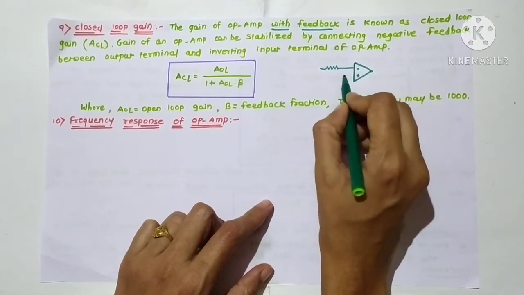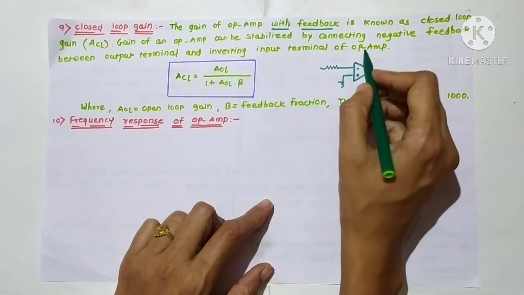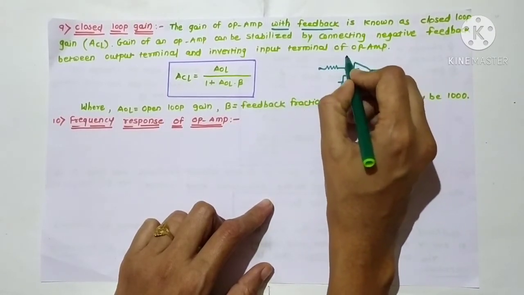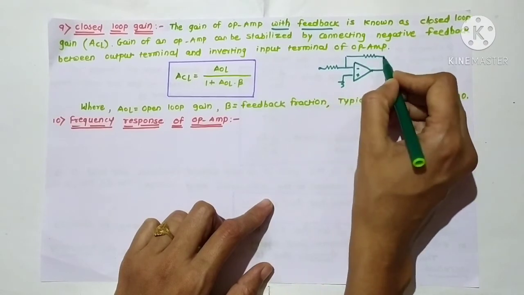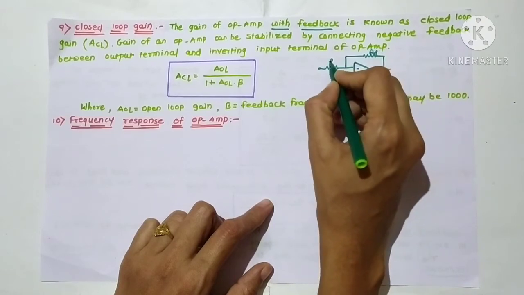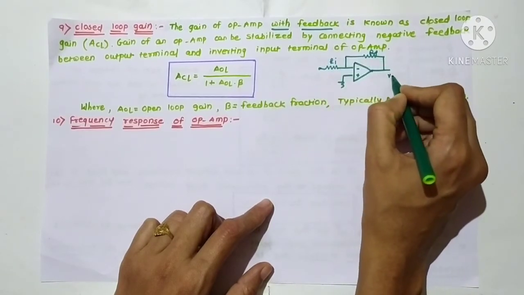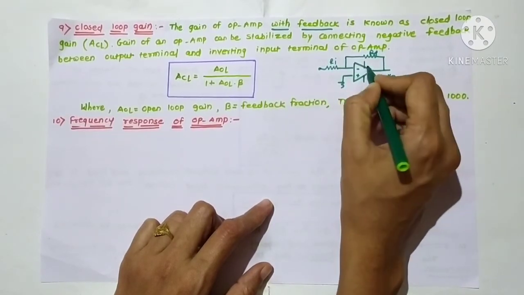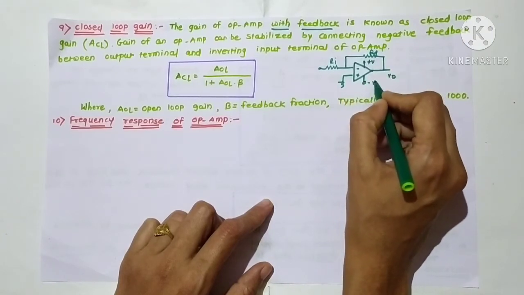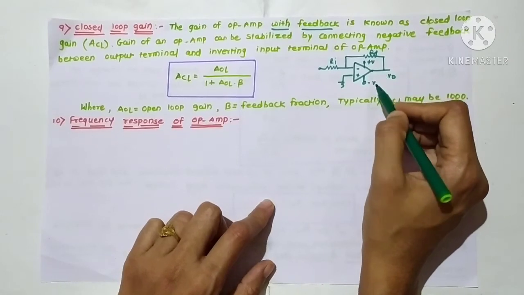This is the non-inverting terminal of an op-amp. If we have to apply the input, we can apply it in this way. This is a feedback resistor, this is the input resistor, and this is the output. A dual power supply is connected here, positive V with respect to ground, negative V with respect to ground.